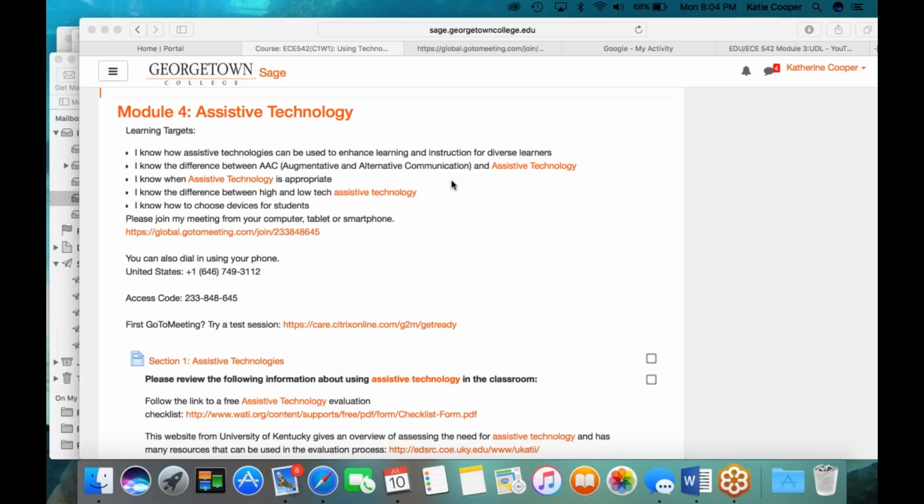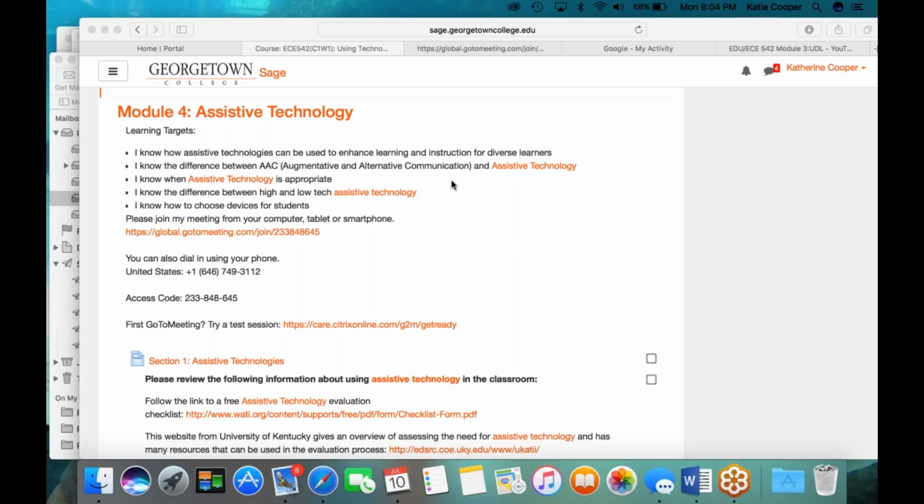So tonight, we're going to be talking about assistive technology. And I want to start with just talking about the difference between assistive technology and augmentative and alternative communication. So, assistive technology is all of those things that we put into place for our students so that they can access the general curriculum.